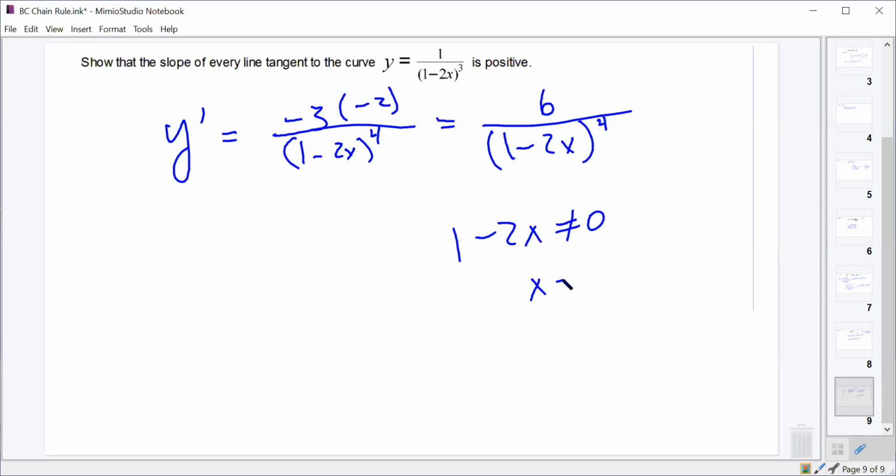So that'd be when x is a half. But there are no points on our original function where x equals a half anyway, because there's a vertical asymptote there. So don't have to worry about that one. Is that good? Yes, thank you. Yep.